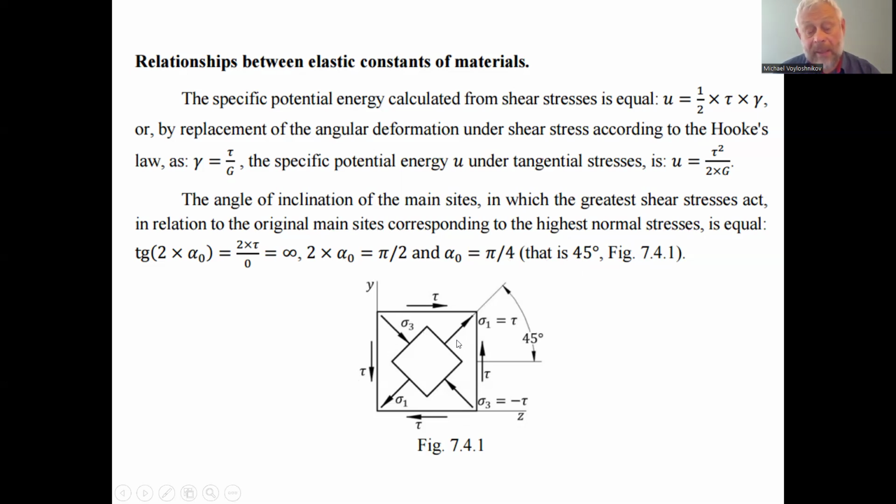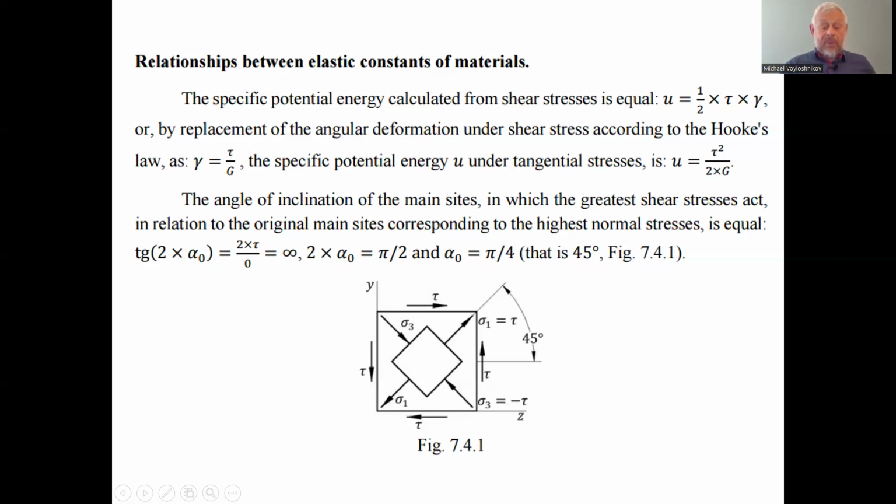What are the main stresses? What is the angle of inclination? The tangent of 2 alpha is equal to 2 tau divided by 0, and thus 2 alpha. This comes from the equation of equality to 0 of the derivative of the normal stresses, which depends on the alpha angle.